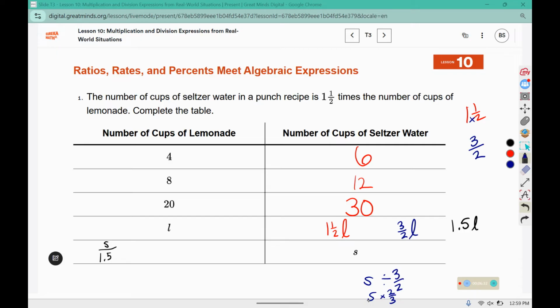So this could be 2/3 S. Or you could even write S divided by 1.5.